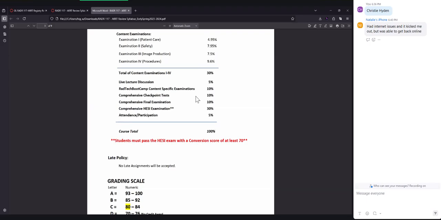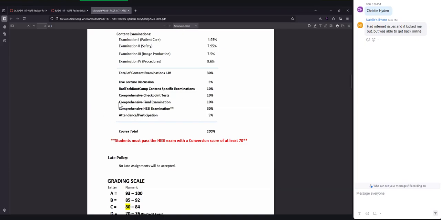We will do patient care tonight. And then next Monday, we'll have the first lecture of the safety section. And so that very first comprehensive checkpoint exam is not going to be specific to patient care in the first section of safety. It's covering everything.